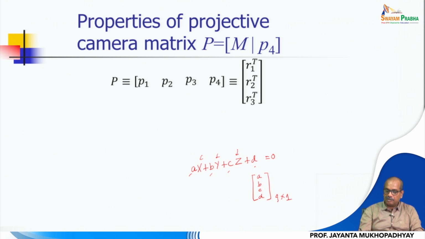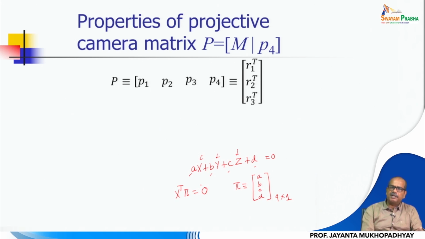And this 4 cross 1 column vector, like the point containment of line relationships, if this is the representation of a plane, I am using say pi to denote a plane. So, any point which is lying on this pi satisfies this point containment relationship, x transpose pi equals 0.